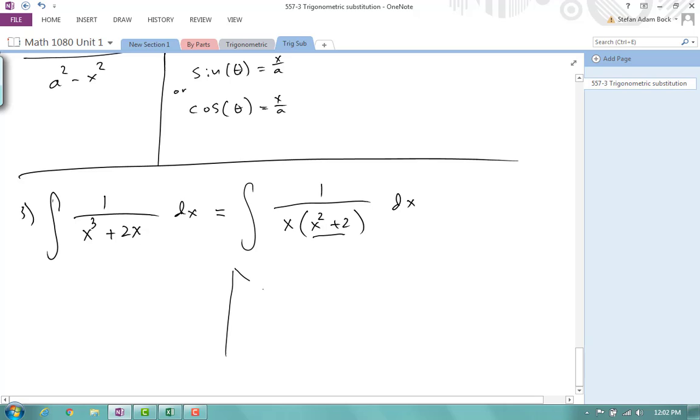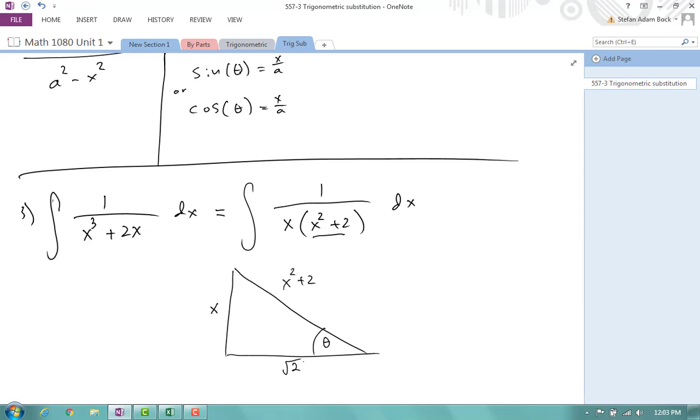But I always draw the triangle. I'll just put an angle theta here. Now since I have a sum here, that means that's the hypotenuse, x squared plus 2. So, as the legs of my triangle, I'm going to have an x, and I'm going to have the square root of 2. So let's see here.